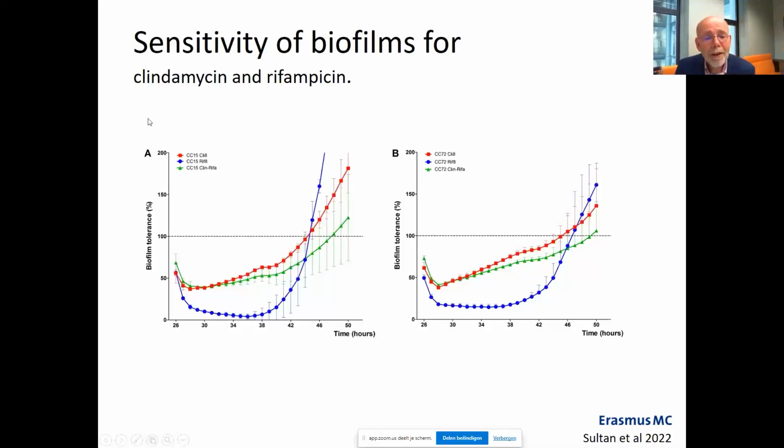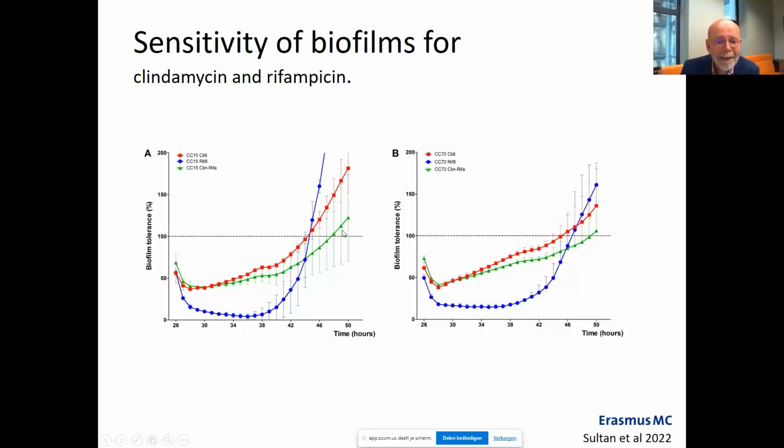We also found combinations that are less well. So here is one strain, and here's the other strain. When you combine clindamycin with rifampicin, this is the line for clindamycin alone. This is the profile for the rifampicin alone.